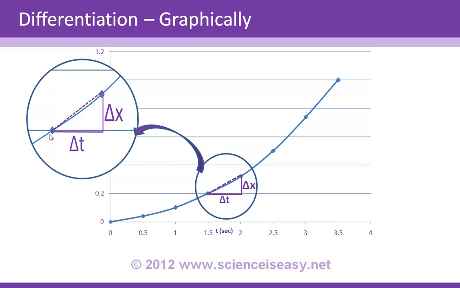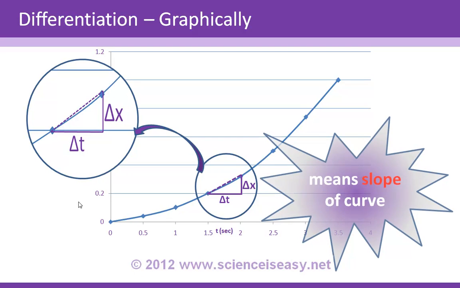It will be a tangent only if I reduce delta t to a very small value. At that position, it will be exactly a tangent. So differentiation graphically means slope of the curve when delta t tends to 0. So differentiation part is over. Now we are able to find out differentiation at any point.